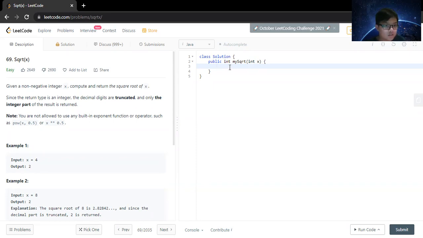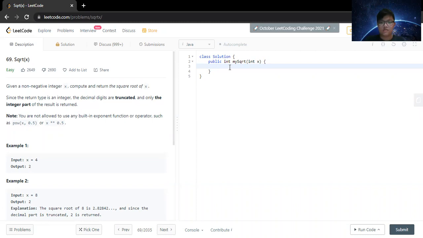Since the return type is an integer, the decimal digits are truncated, and only the integer part of the result is returned. What that means is, let's say, square root of 6, then the output will be 2, because though it's more than 2, truncate means to round down if it's a decimal.